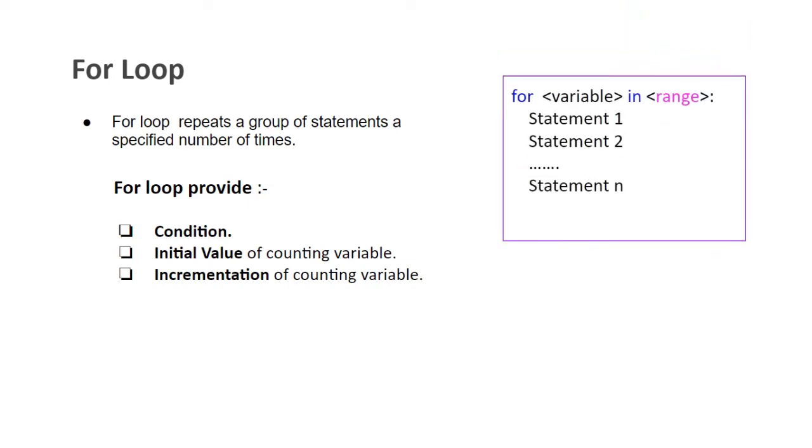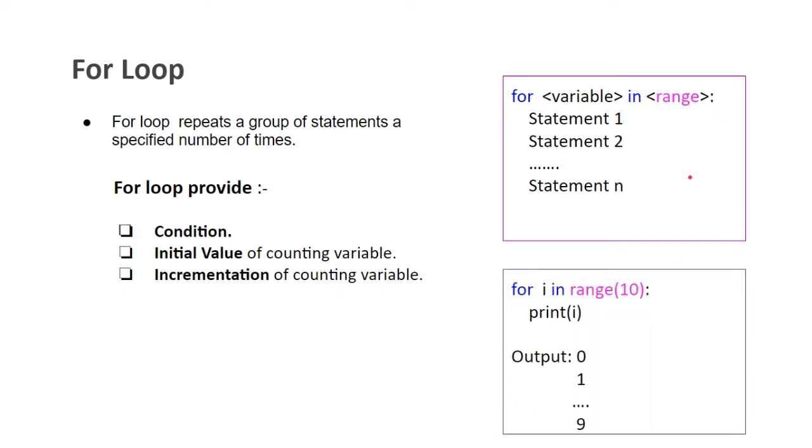Now here we can go with the syntax. The syntax in for loop is: start with for, then variable name, after that in, and then range, followed by a colon, then in the next line we have statements. Here we have an example.